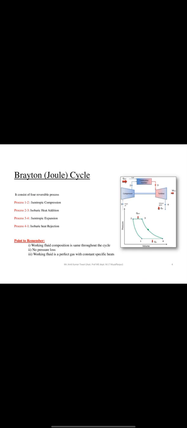Let us see the PV and TS diagrams. The pressure volume diagram consists of 1 to 2, isentropic compression; 2 to 3, isobaric heat addition; 3 to 4, isentropic expansion; and 4 to 1, isobaric heat rejection.